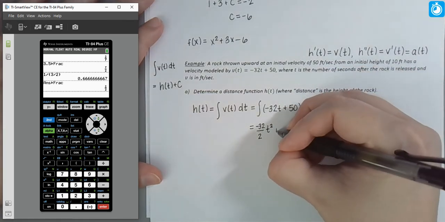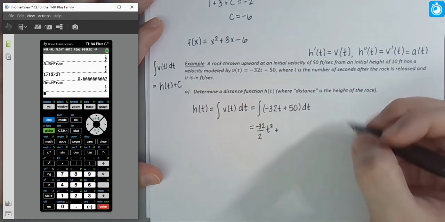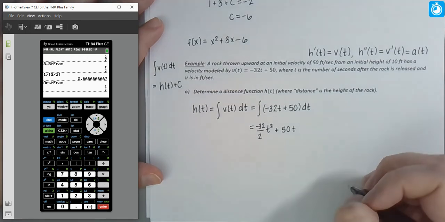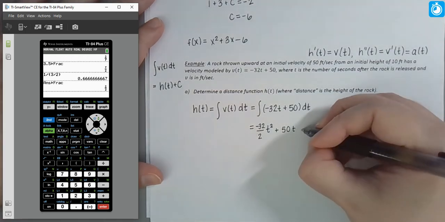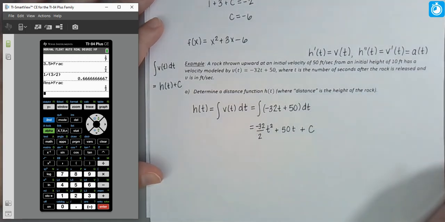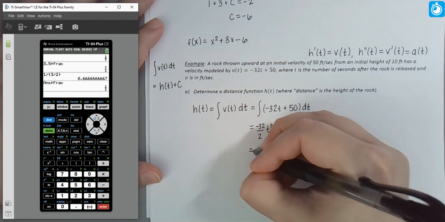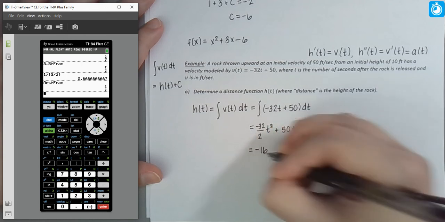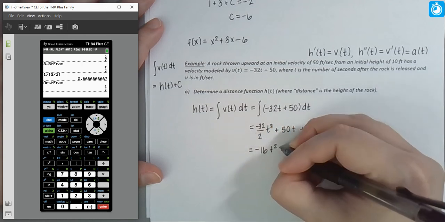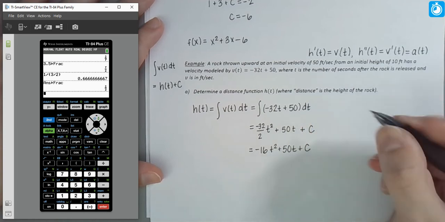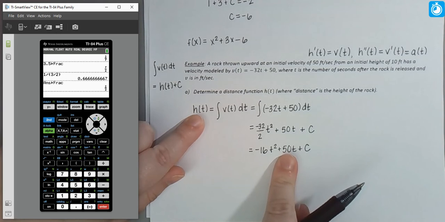It's just a constant, and we know when we integrate, anti-differentiate a constant, then we have that new variable added in, plus our constant of integration. And so if we reduce negative 32 over 2, that's going to be negative 16 t squared plus 50t plus c. That is going to be our height, our position function.